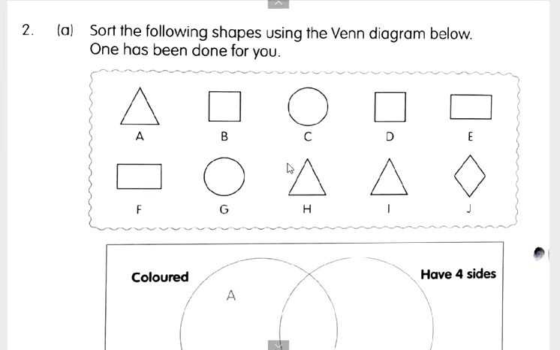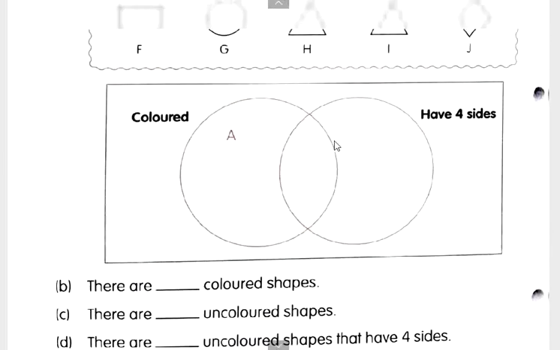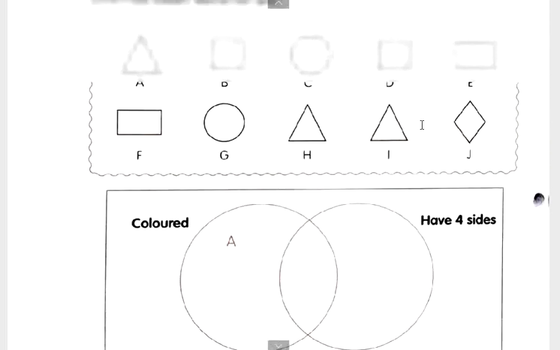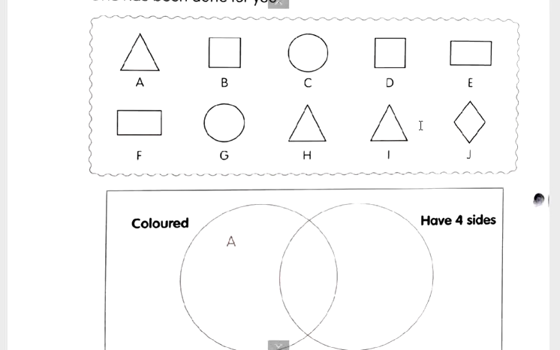What is it? Shapes, yeah. And the second circle has 4 sides. It refers to the shapes that have 4 sides. So what are the shapes that have 4 sides?